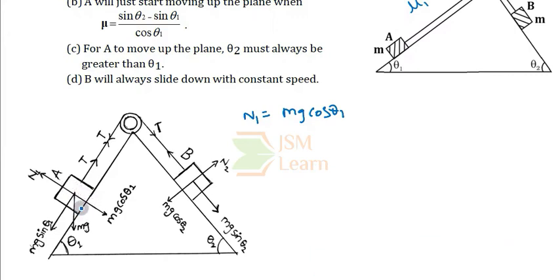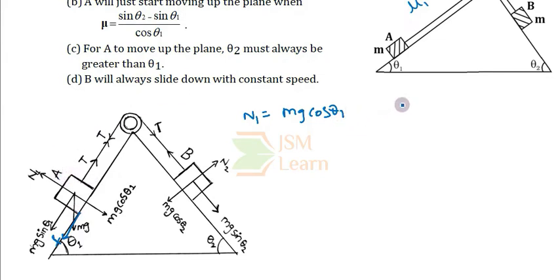When block A just starts to move up, the frictional force will be directed downwards, because frictional force is always directed opposite to the direction of motion, to oppose the motion. So block A may start moving up.